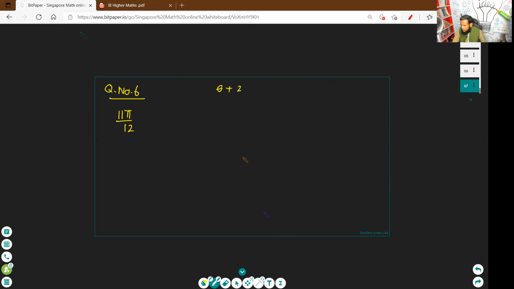Theta plus 2n into 2 pi. You should find the smallest co-terminal angle. Clear? Yeah. Okay. Change it in this form and find the co-terminal angle of 11 pi by 12.